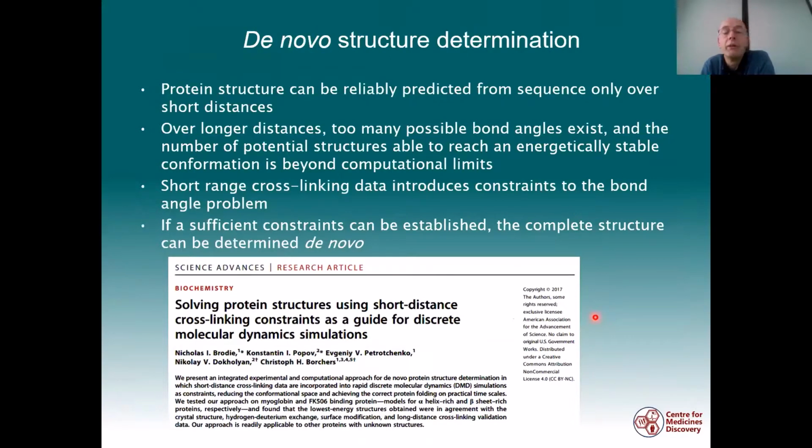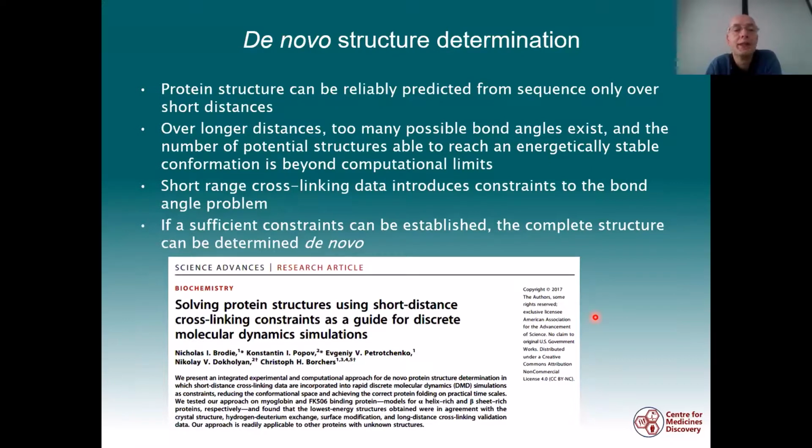Just one more thing I want to say about cross-linking, and this is to do with de novo structure determination. Most structure determination is done by experimentation, typically by X-ray crystallography or cryo-electron microscopy. It is possible to determine structure de novo on short stretches of amino acid sequence.